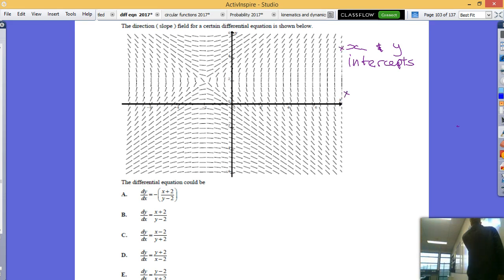And the other thing is the behavior of the tangents, these little tangents, in each quadrant. Okay? So you've got to examine the slopes, direction of slopes, in each quadrant.